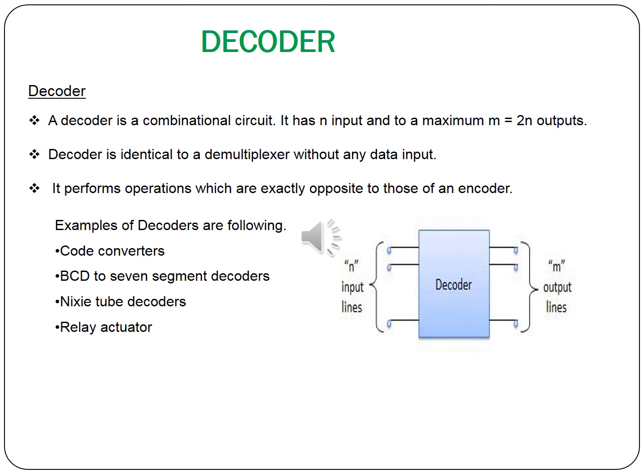A decoder is identical to a demultiplexer, and an encoder is identical in function to a multiplexer. A demultiplexer without any data input performs the function called decoding.